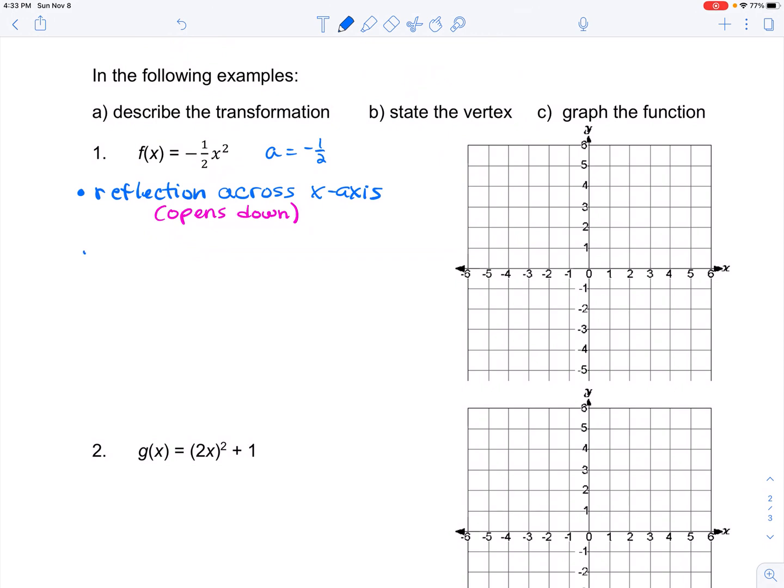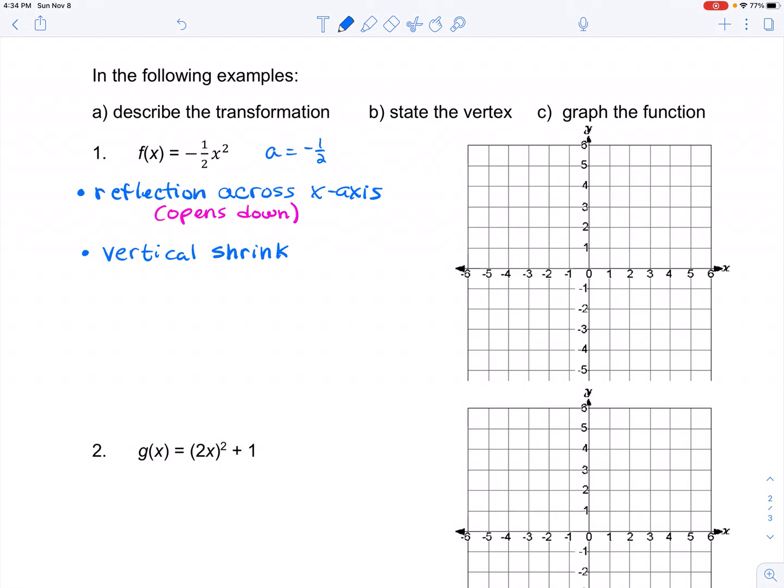We have what's called a vertical stretch or shrink. Well, a is less than 1, so it's not going to be a stretch. It's actually going to be a shrink. So let's change that. It's going to be a vertical shrink because a is less than 1.